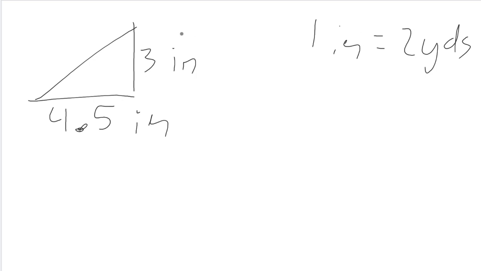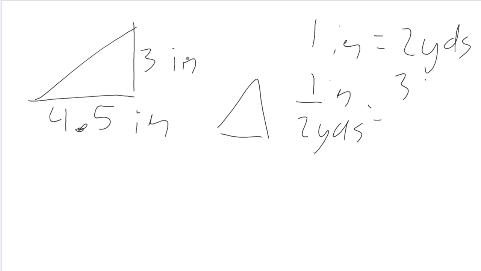So to figure out how big something actually is, so there's the actual building, let's say, we do the ratio of 1 inch over 2 yards. And then we put whatever we want to find. So let's say we wanted to figure out what this side of the triangle was, the 3 inches.